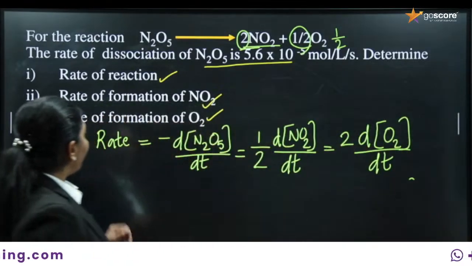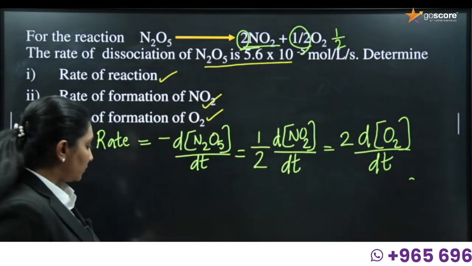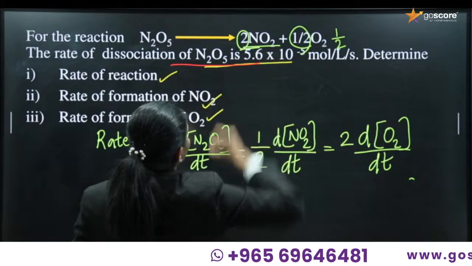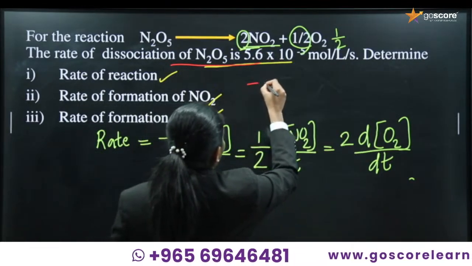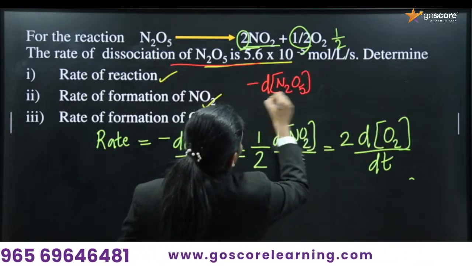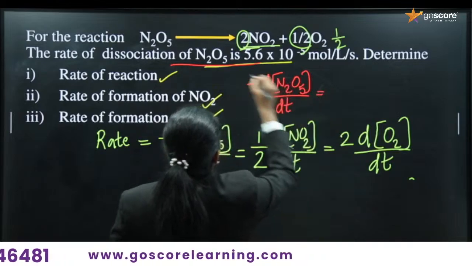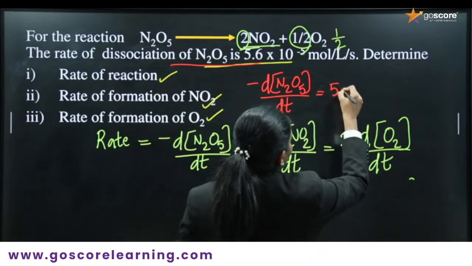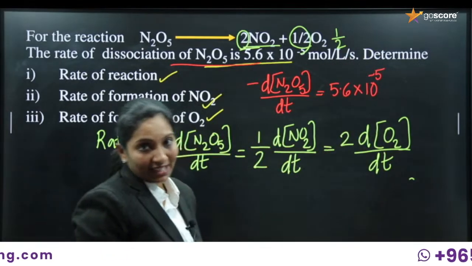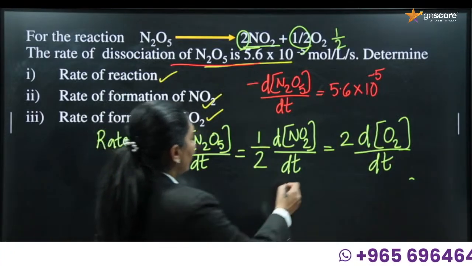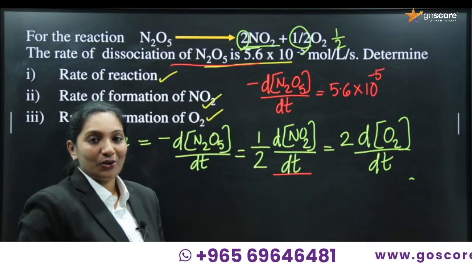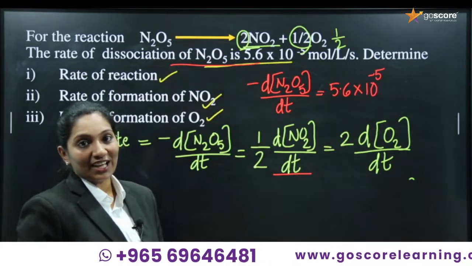Now, what do we want to find out? The rate of formation of NO2. And what is given in the question? It is given the dissociation of N2O5, that is minus d N2O5 by dt, as 5.6 into 10 the power minus 5 mole per liter per second. Now we want to find out the change in the concentration of nitrogen dioxide. We want to find the rate in terms of nitrogen dioxide.